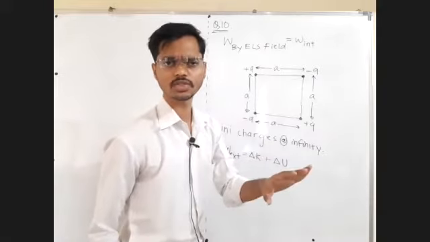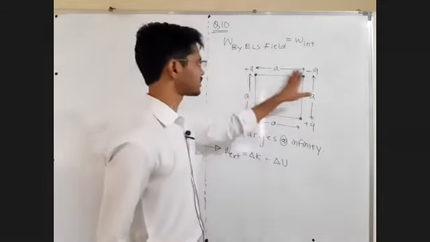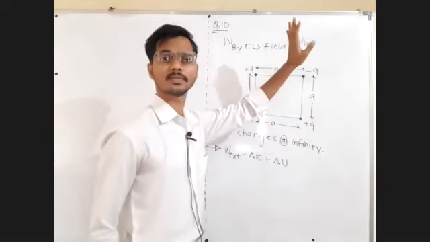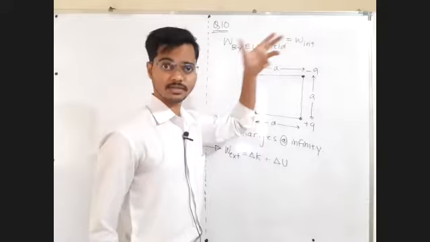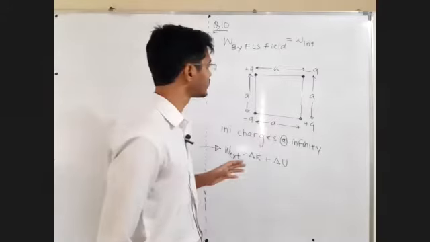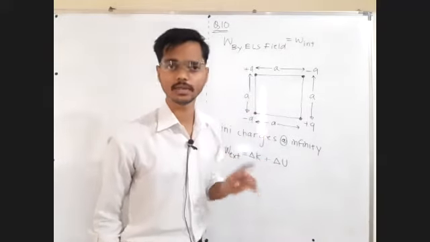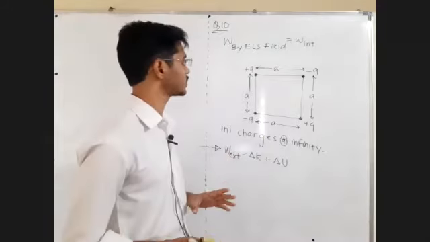Without acceleration means no change in velocity. These particles are going to be at rest at this point, and initially also they were at rest. This is a kind of hypothetical situation, but try to understand that we are not going to change kinetic energy. Here we are dealing only with the potential energies, the interaction energies.